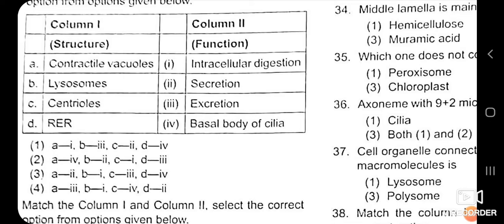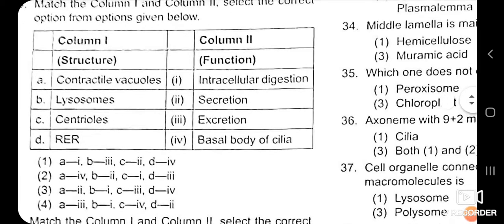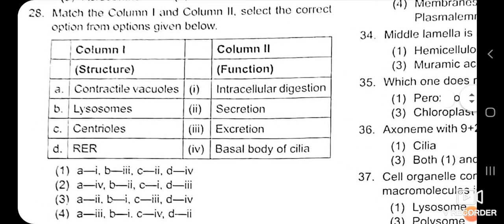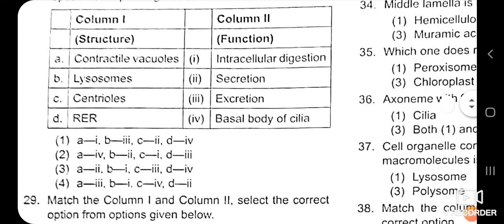Centrioles form the centrosome cell organelle and arise from the basal body of cilia, while RER, rough endoplasmic reticulum, is involved in the secretion of particularly protein. So the correct option of MCQ number 28 is the fourth one.